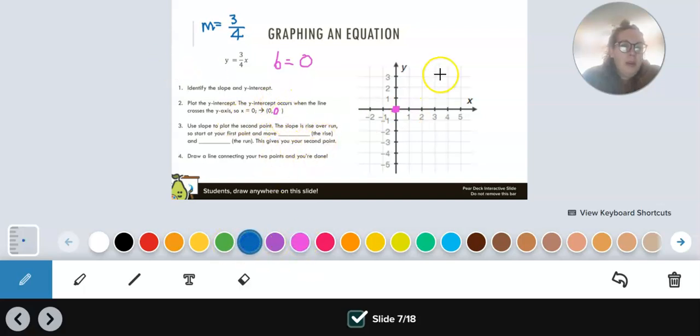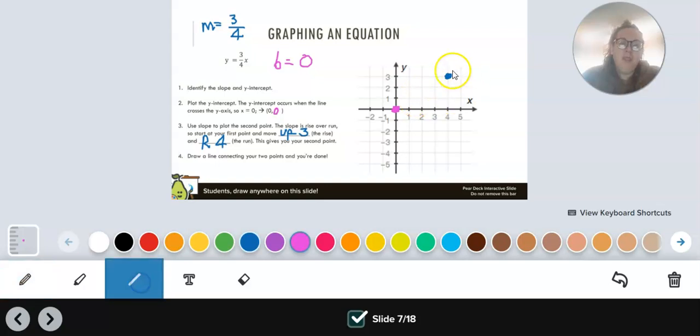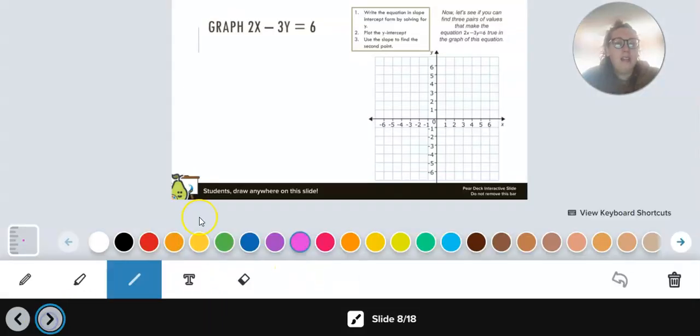With that slope, we are going to go up 3 and then right 4. So from here, we're going up 3, because it's a positive 3, and to the right 4 to find our second point. Then use our line tool to create our graph. Beautiful. So hopefully we feel comfortable again graphing in slope-intercept form. Push ahead to slide 8.